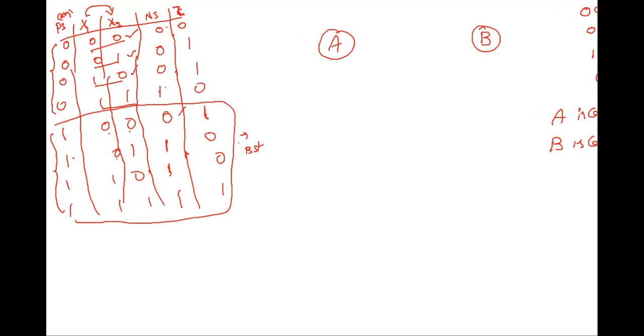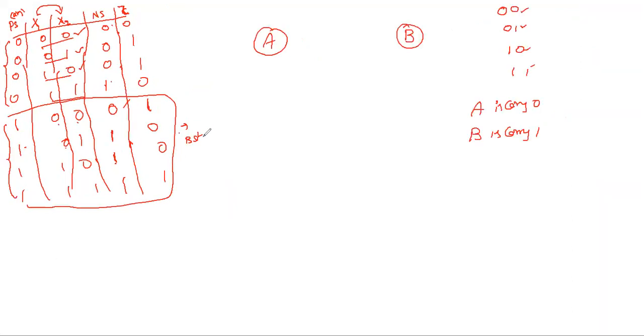And the upper part belongs to A state. So let us see. Present state is A, meaning 0. Now inputs are 0 0, 0 1, 1 1, 1 0, right?